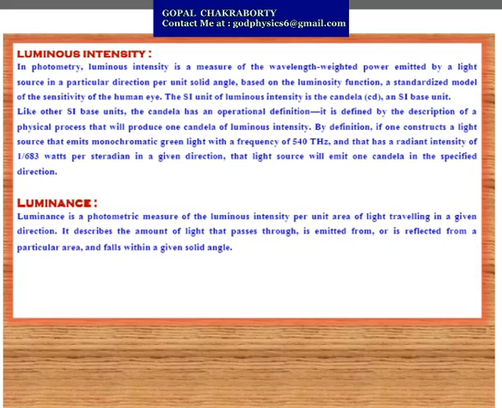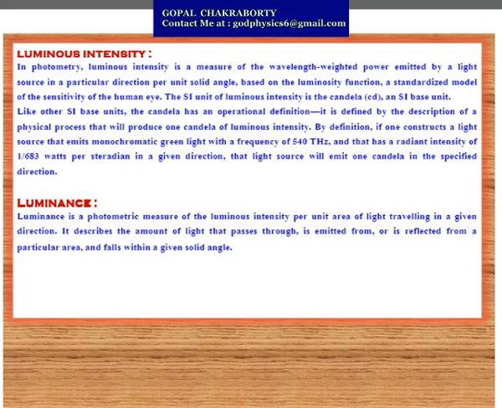Next one, that is luminous intensity. In photometry, luminous intensity is the measure of the wavelength-weighted power emitted by a light source in a particular direction per unit solid angle, based on the luminosity function, a standardized model of the sensitivity of the human eye.